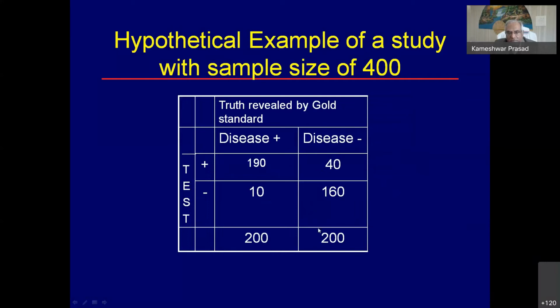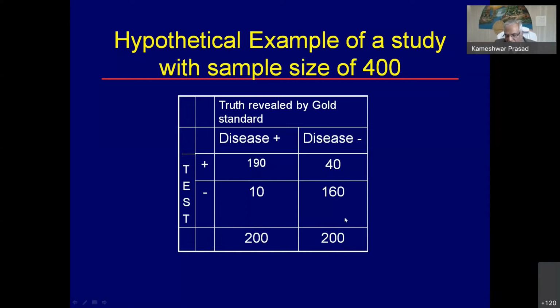Let's take an example. Suppose you have done a study with 400 people. 200 have disease, 200 don't have disease. This is hypothetical example. Test is positive in 190 among the diseased patients, and test is negative in 10 who had disease. On the other hand, 160 of those who didn't have the disease are negative, but 40 are positive.